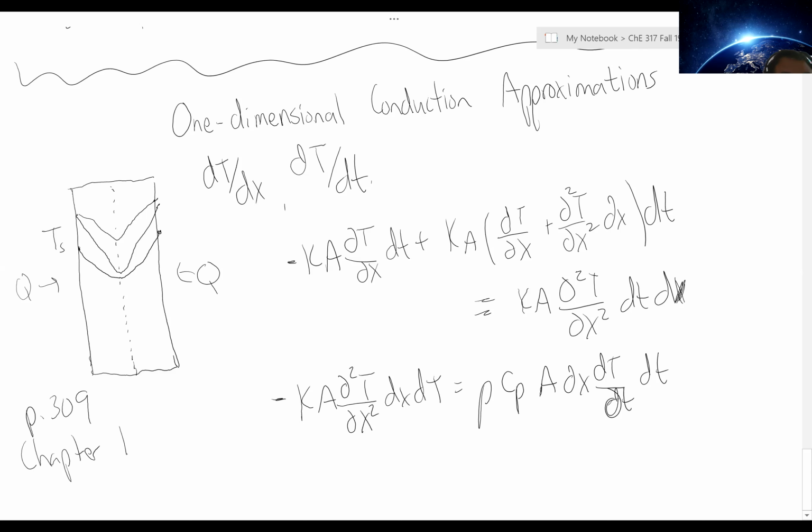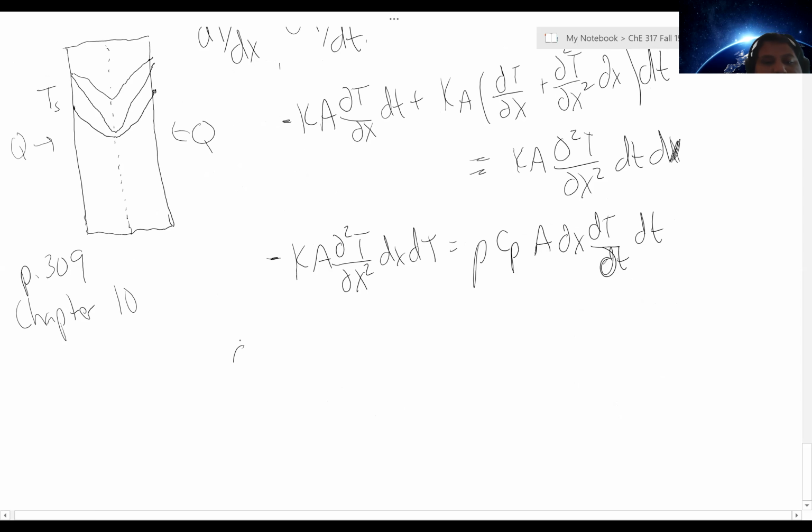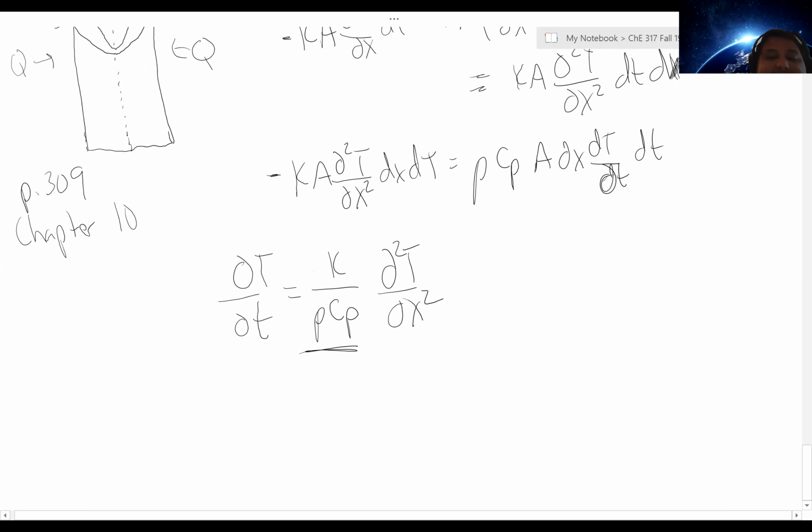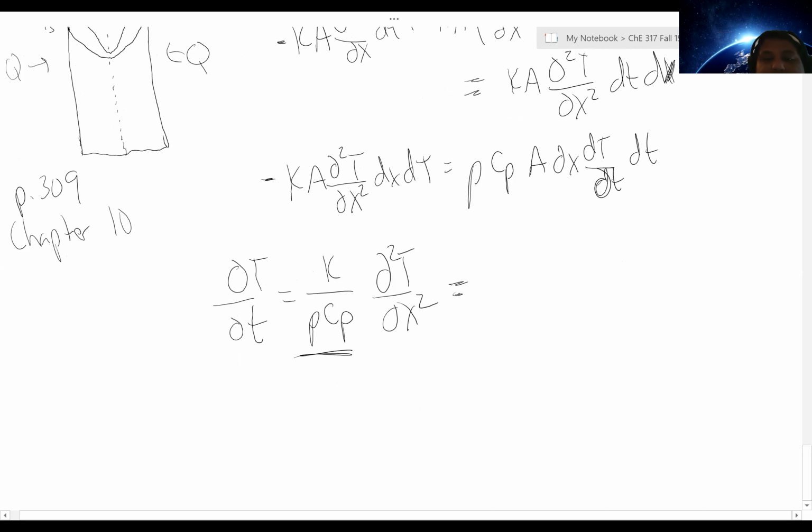What I'm getting at is that as that heat gets converted into internal energy, we can approximate the partial derivative of temperature with respect to time as a second partial derivative of temperature with respect to position, in terms of this grouping of constants, k over rho Cp.